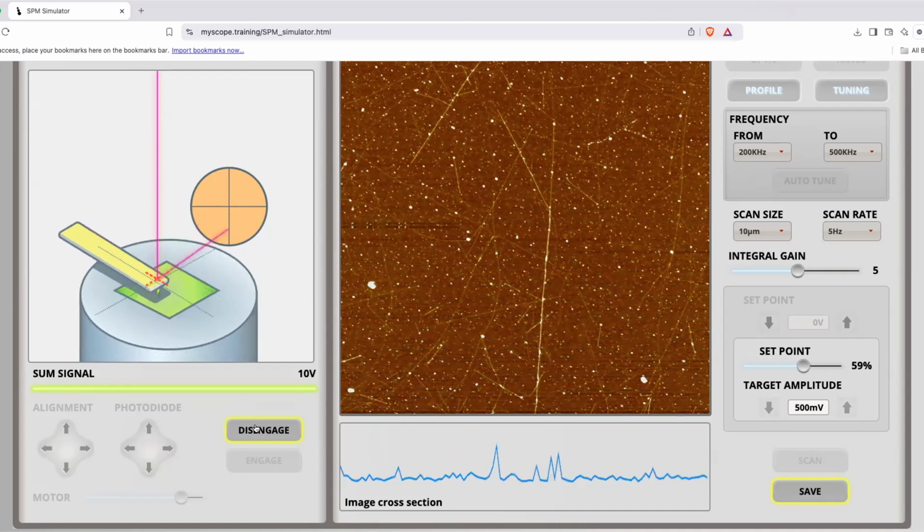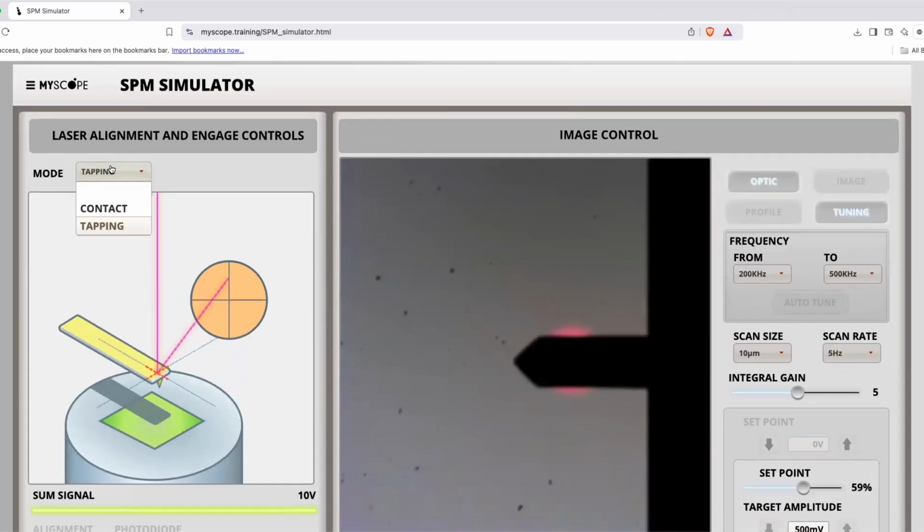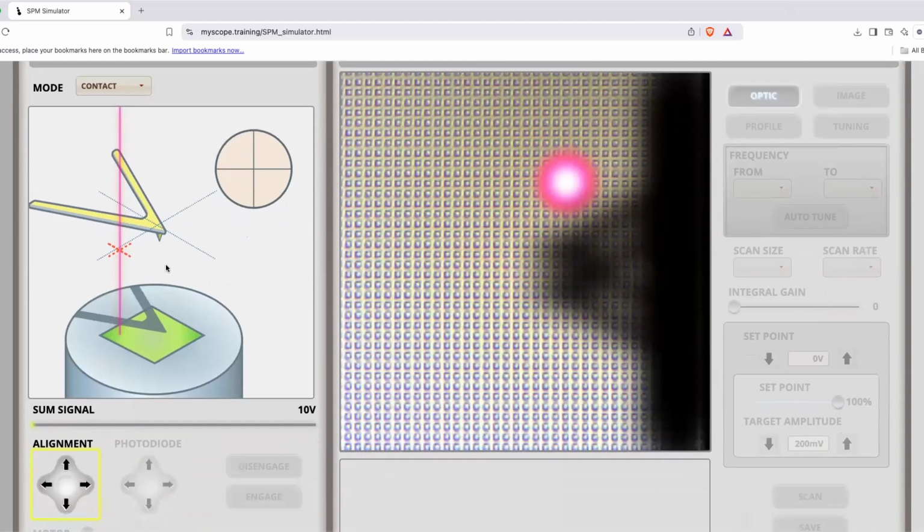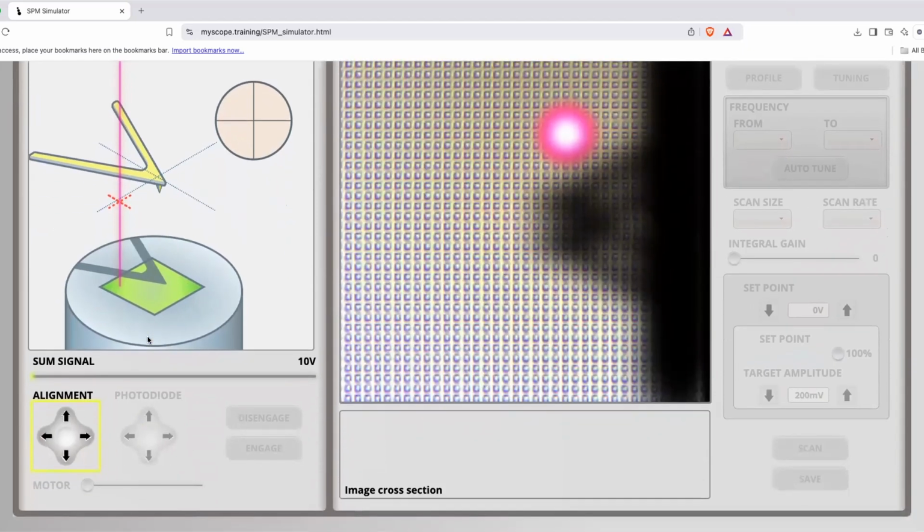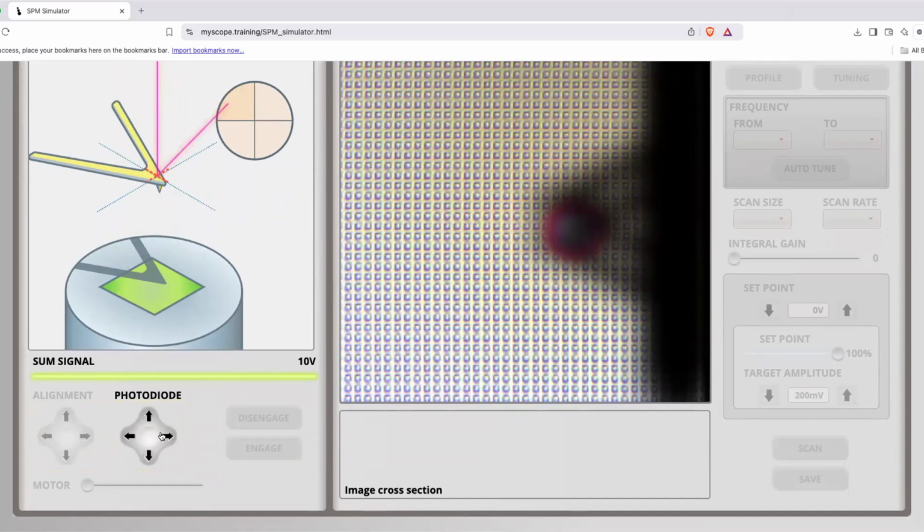We can disengage if you want. We can go to contact mode and see how the contact mode works. Then you also see the difference between the two modes.